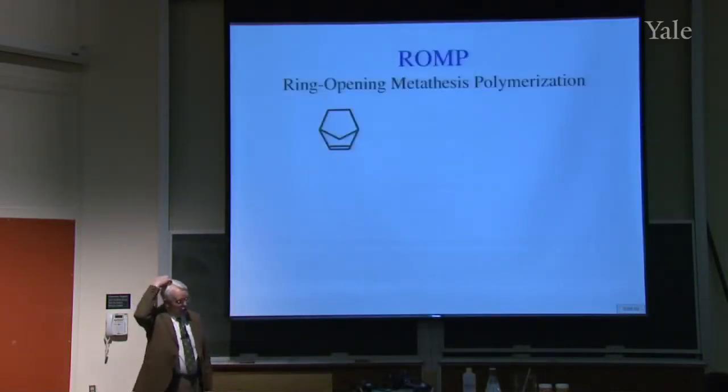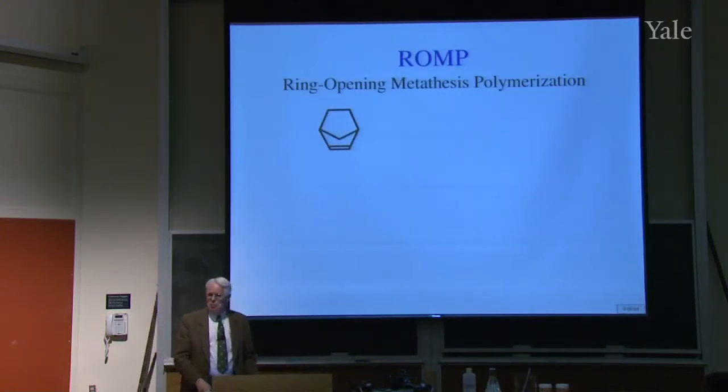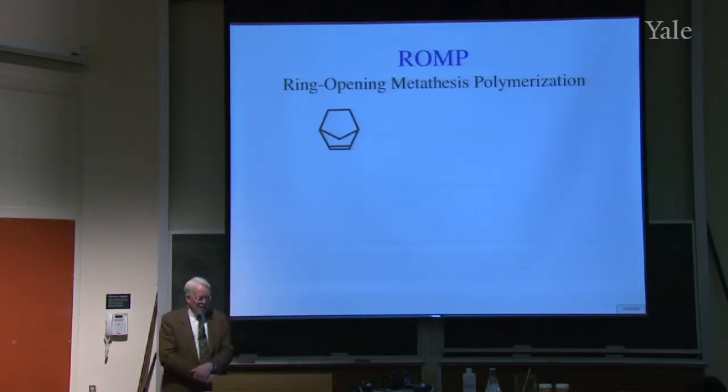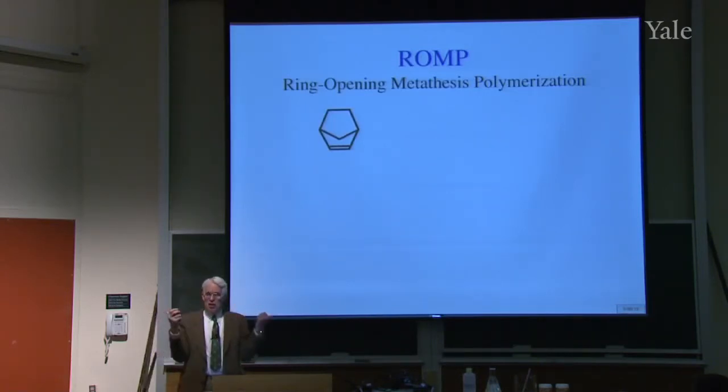Okay, but Grubbs invented a process called ROMP, ring opening metathesis polymerization. Now here's a double bond where both of the carbons in the double bond are part of the same molecule, I mean the same framework. So if you cleave that double bond and exchange partners with something else, you still have the two linked together through this other ring, right?